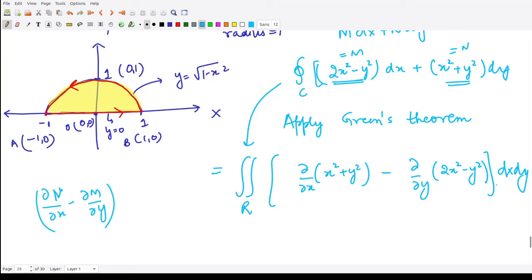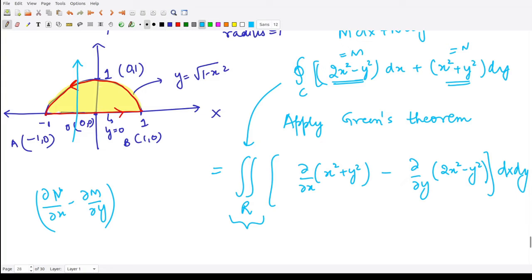So we have to solve this integral by taking out the appropriate limits for this particular region. Now for this particular region, it's very simple to take out the limits. We can take a vertical line, because we want to take the limits of y first. It is up to you, you can take anything.